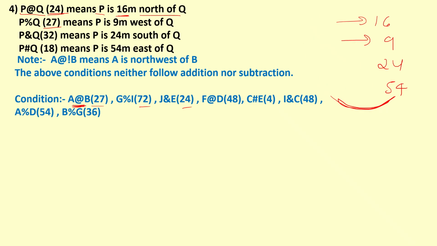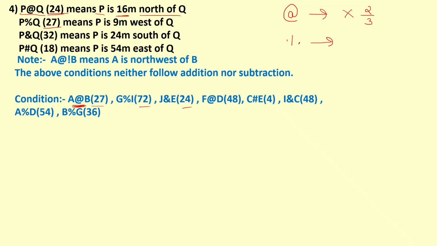For at, it is multiply by 2 by 3. For percentage, it is divide by 3. Then for and, it is multiply by 3 by 4. And lastly, for hash, it is multiply by 3. So this is what the logics are, correct?